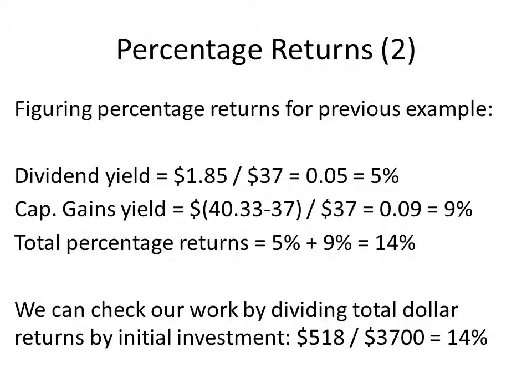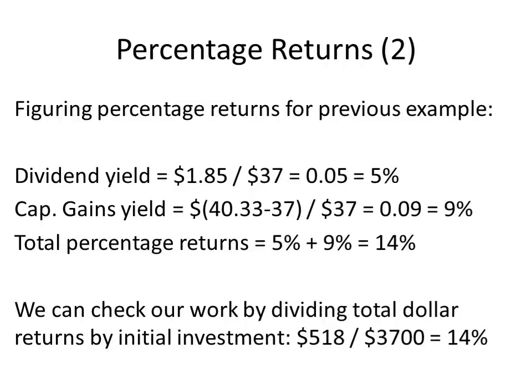Let's use our numbers from previously to calculate the percentage returns. Remember we said that we get $1.85 for our investment of $37. So $1.85 is Div sub t plus 1 and 37 is P sub t. If you do the math, that comes out to 0.05 or 5%.